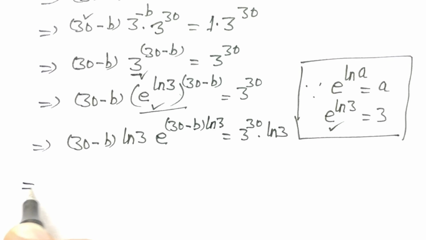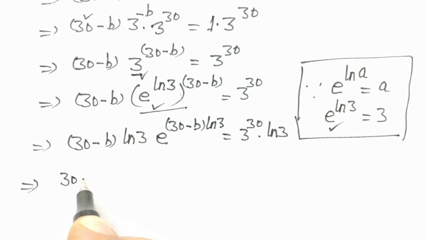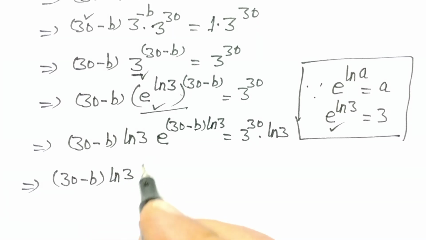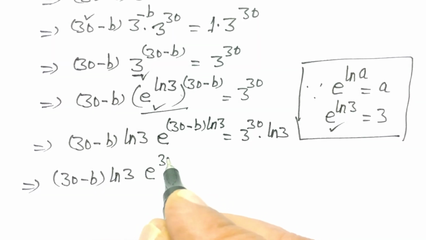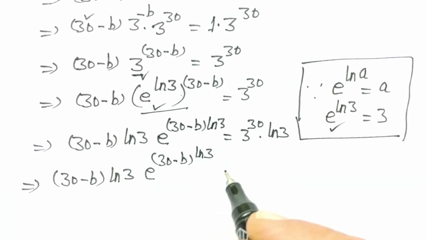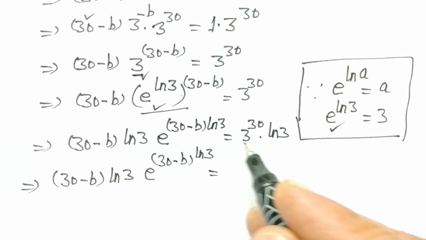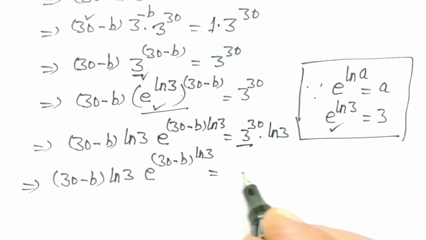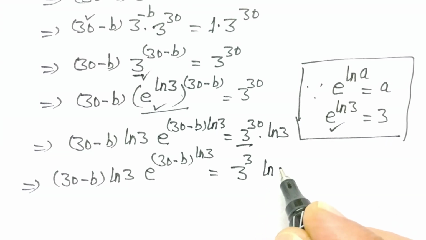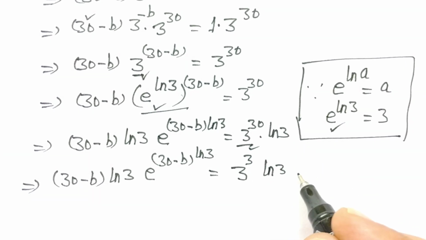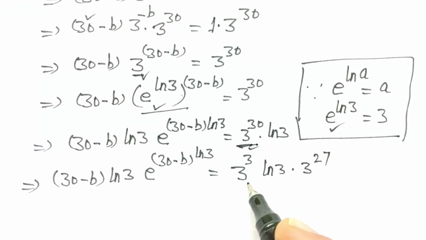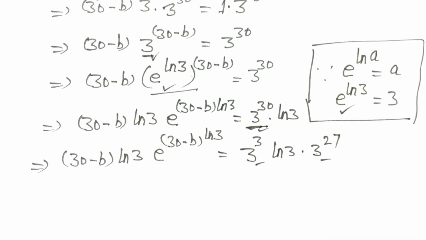Now (30 minus b) ln 3 e to the power (30 minus b) ln 3 is equal to, here 3 to the power 30, 3 to the power 3 into ln 3 into 3 to the power 27, right? This can be broken as this and this, right?